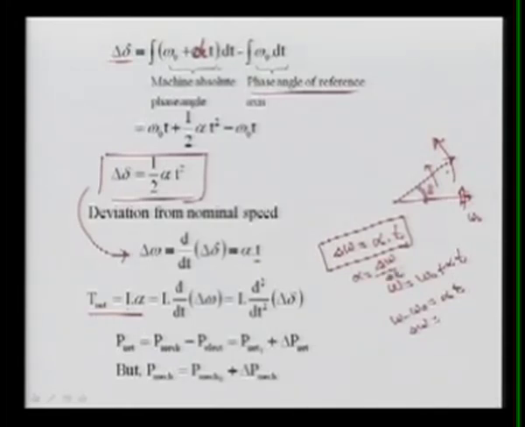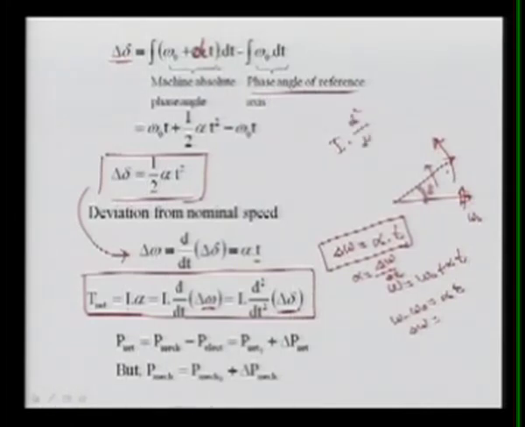So we write I times the change in speed over the change in time, and if we put in this value of omega, we get I multiplied by the double differentiation of the change in phase angle delta. So in the simple way, I d square over dt square of the change in phase angle will be equal to T net.